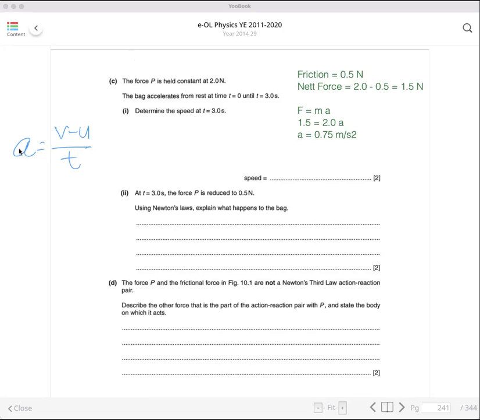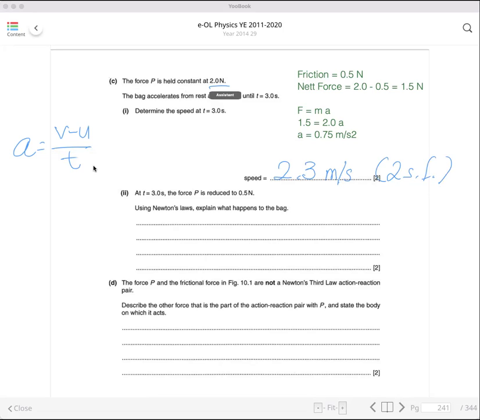You sub in your A as 0.75. Your V you don't know. Your initial speed is 0. Your time is 3 seconds. So from here, what's your answer, Mr. Wei Guan?